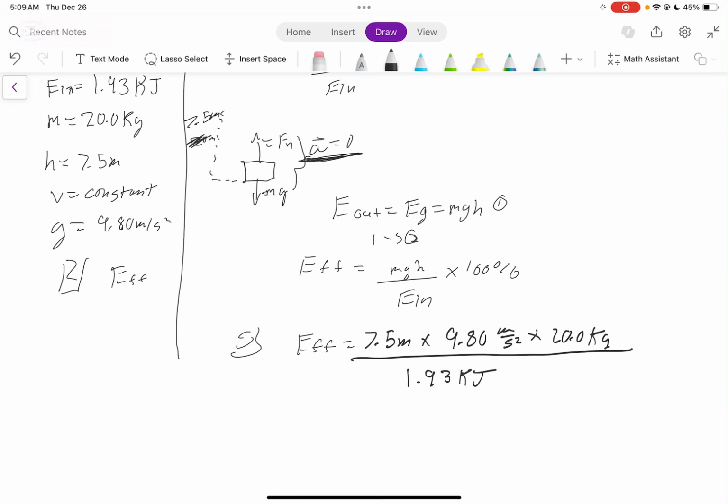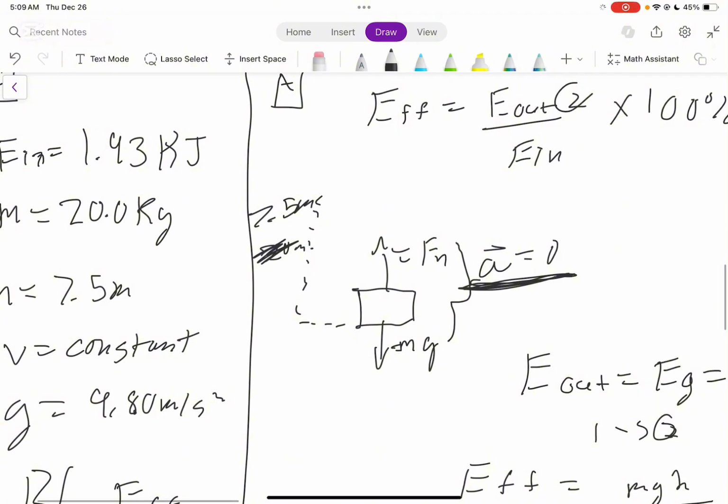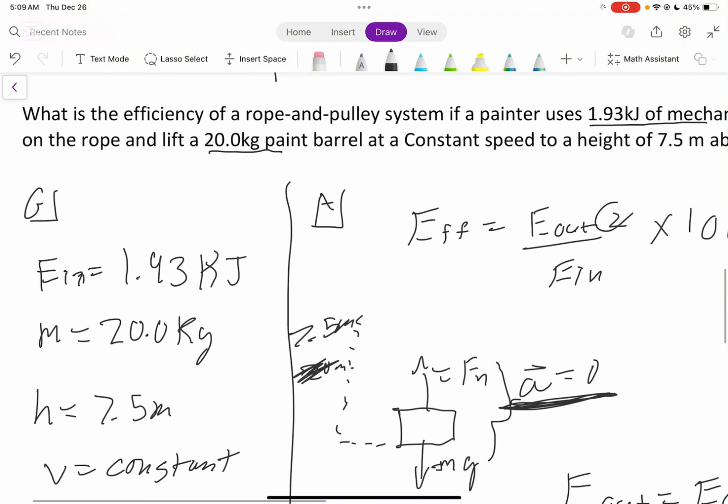What does the kilojoules mean? Well, a kilojoule is basically 1,000 joules, because remember, kilo is really 10 to the 3.